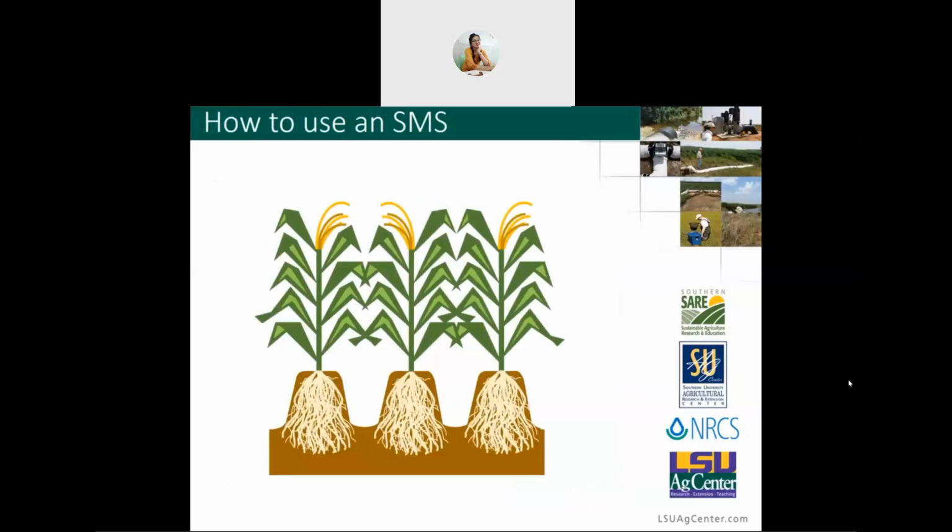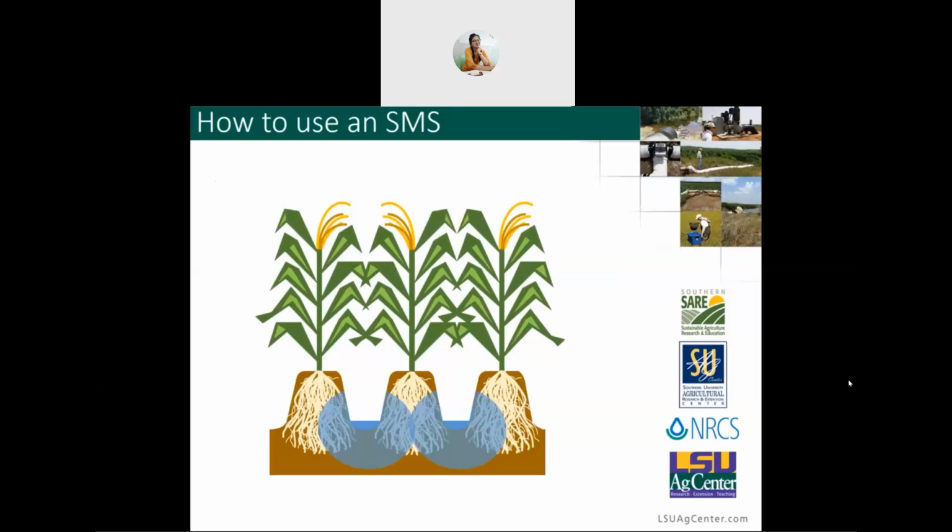Okay, now let's talk about how we're going to use a soil moisture sensor in agriculture. This is an exaggerated picture of a corn crop with a very dense root system that probably doesn't exist normally. And we are going to irrigate it, and that water will infiltrate into the soil.